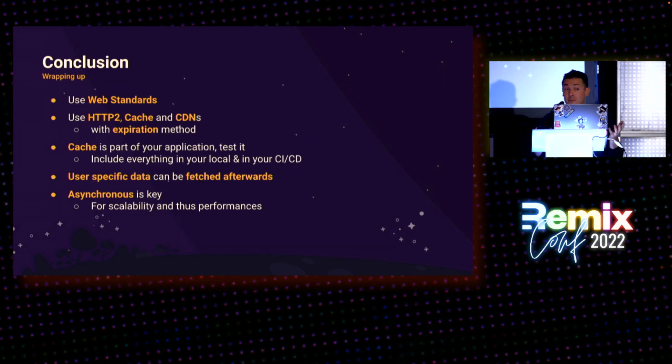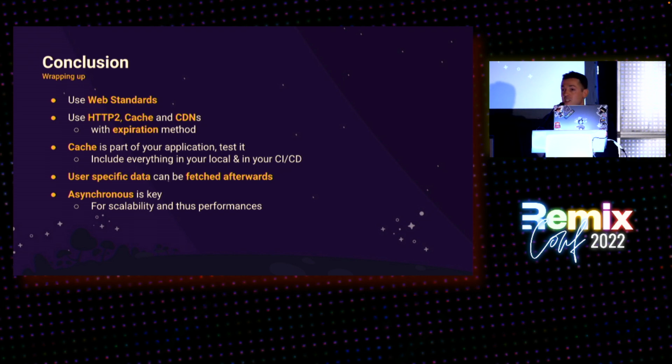So to sum up, thanks to Remix, you can build very scalable and high-performance websites because it relies on HTTP standards. HTTP has been around for many years, and you have everything that you need to build really complex and dynamic applications using cache.